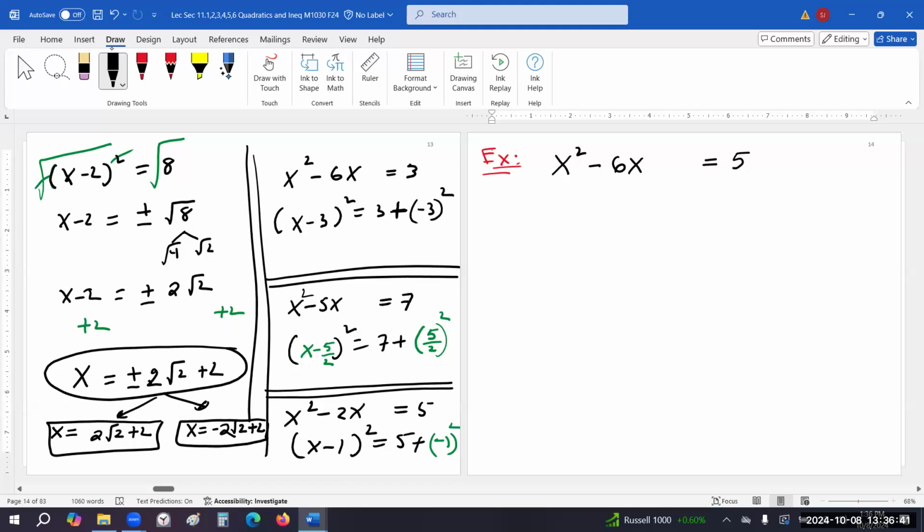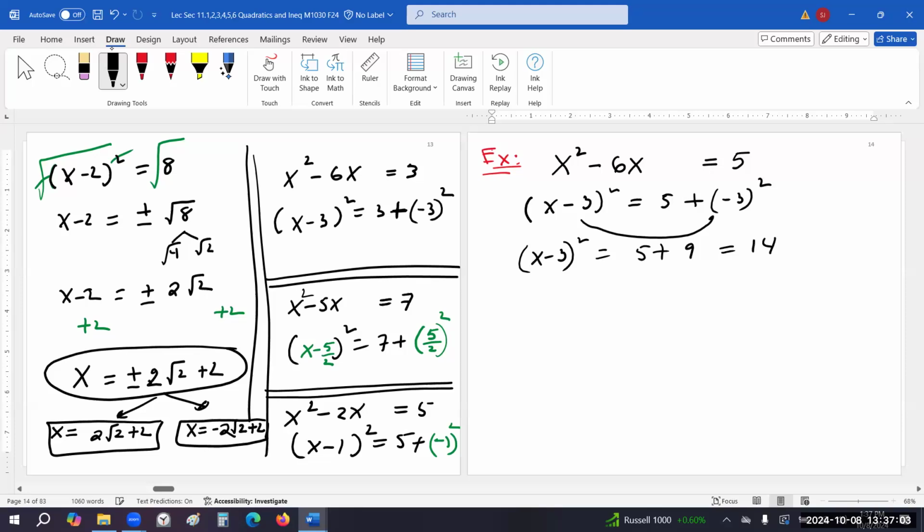Completing the square method. So we do x and half of 6, which is 3 squared. And then we add the same thing, but squared. So x minus 3 squared is 5 plus 9.